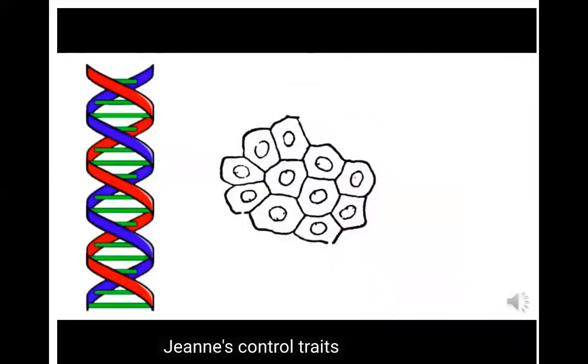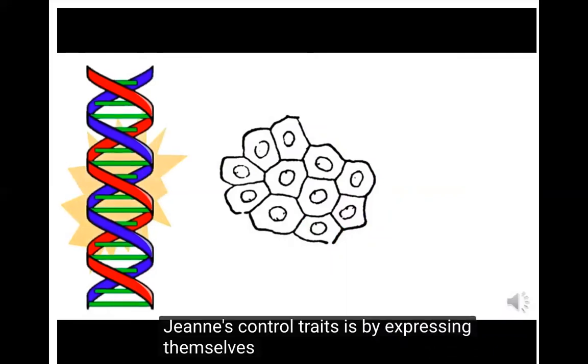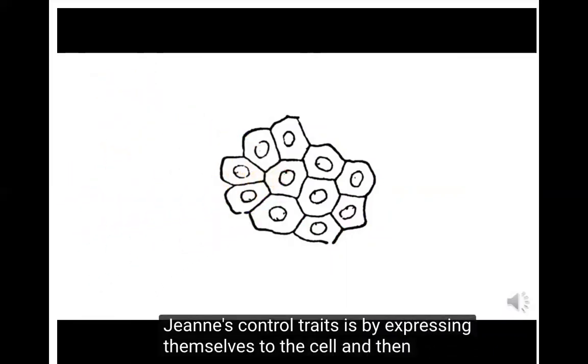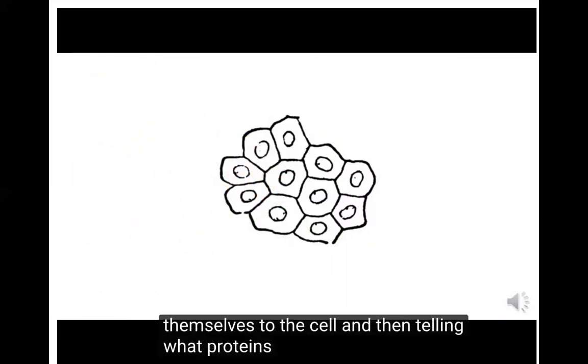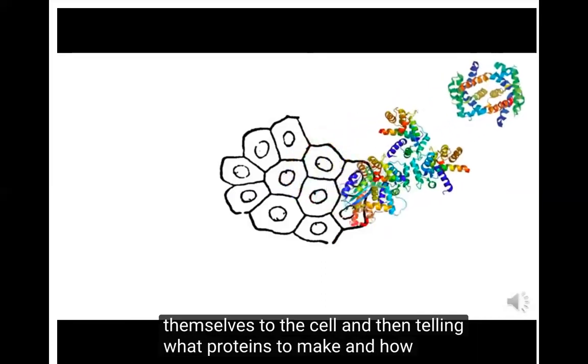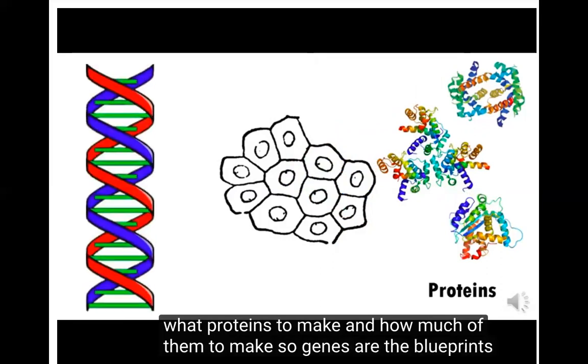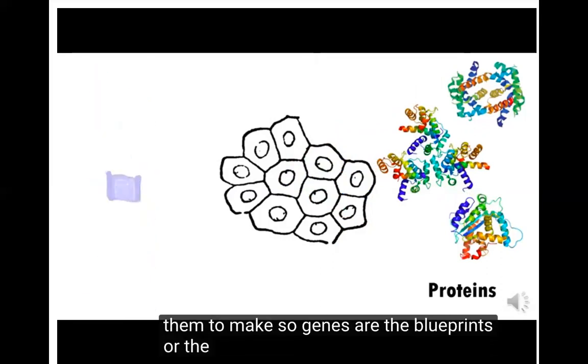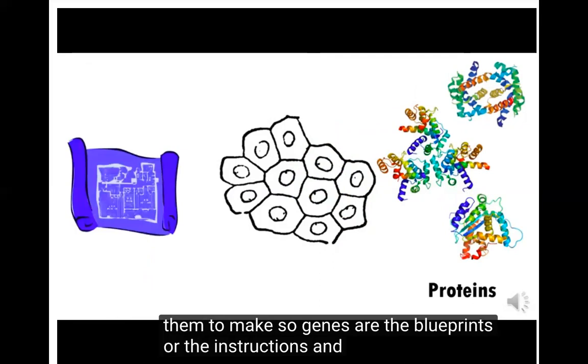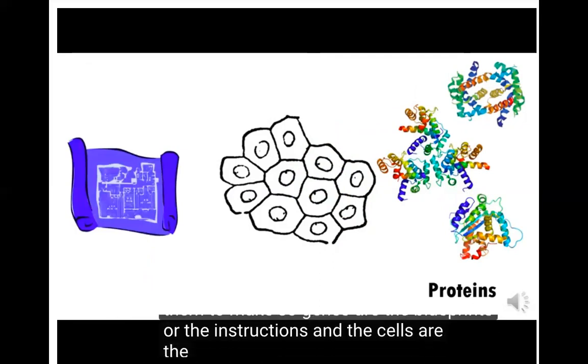Genes control traits by expressing themselves to the cell and then telling it what proteins to make and how much of them to make. So, genes are the blueprints or the instructions, and the cells are the factories.